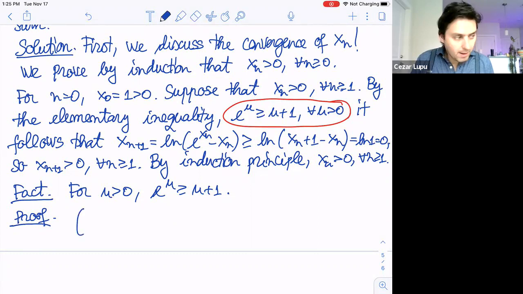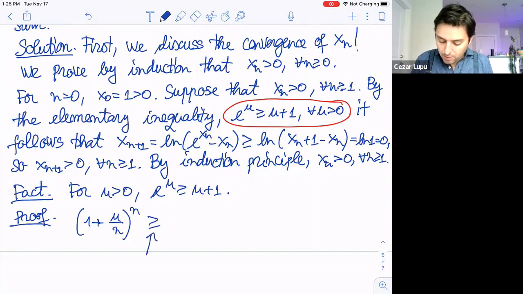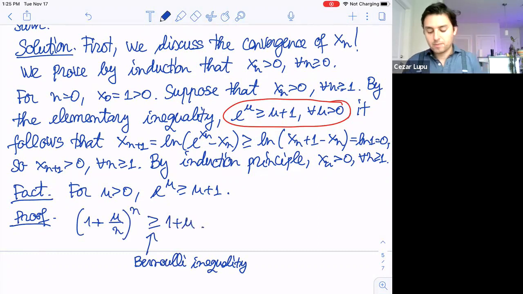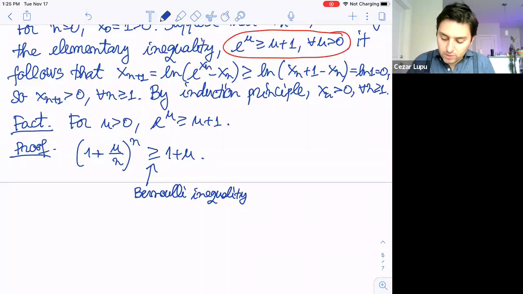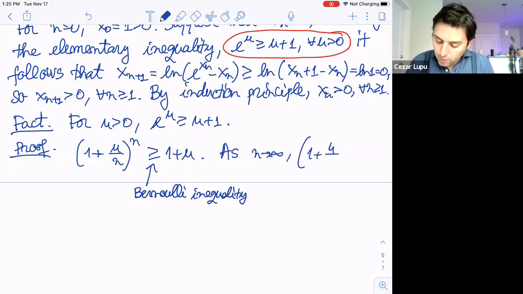So we have that 1 plus u over n to the power n, by the Bernoulli inequality, and I think I've discussed this in the very first lecture, is greater or equal than 1 plus u, right? But as n approaches infinity, 1 plus u over n to the power n will approach e to the u. So there you go.